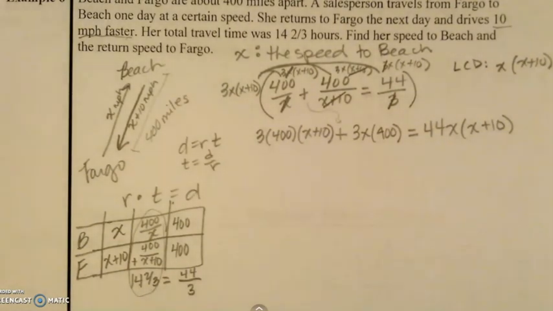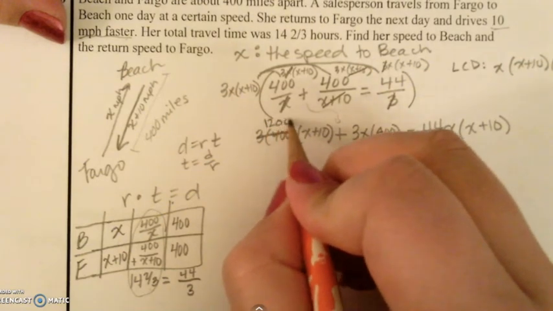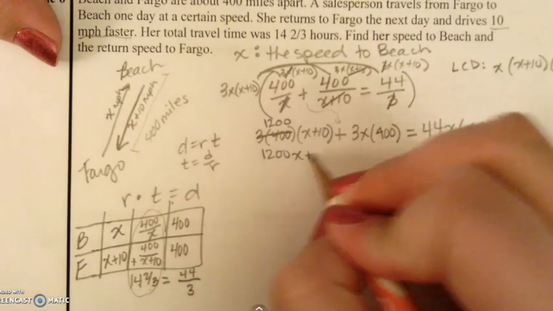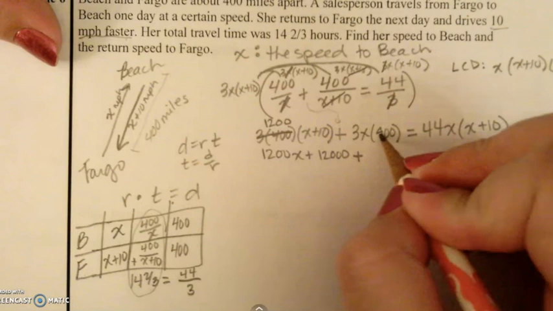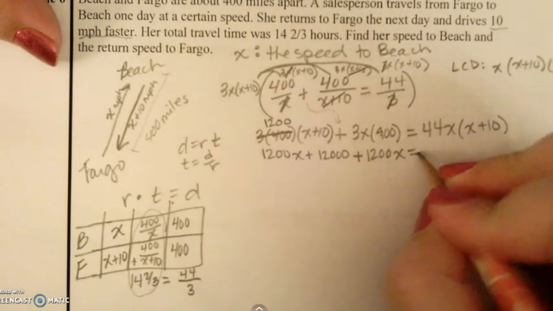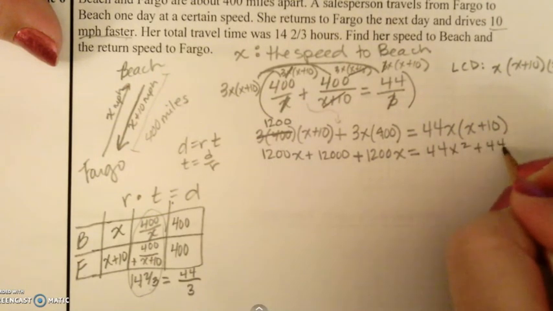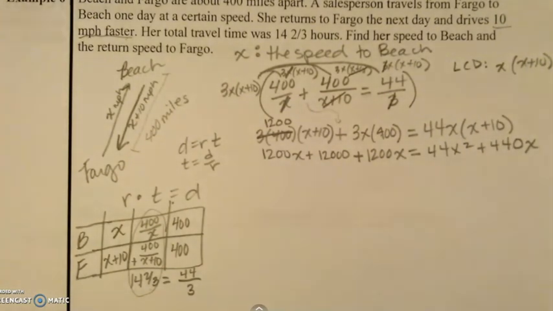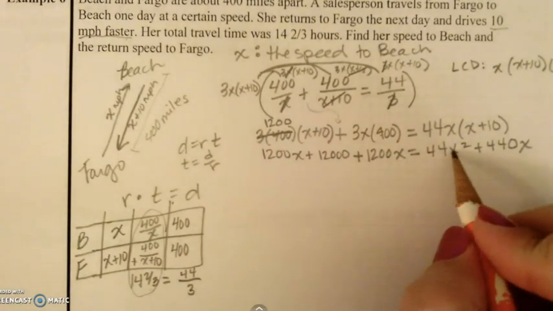Now let's simplify. 3 times 400 is 1,200. So we have 1,200x plus 12,000 plus 3 times 400 again, 1,200x equals 44x squared plus 440x. Collecting like terms. Let's bring everything over to the side with the x squared.